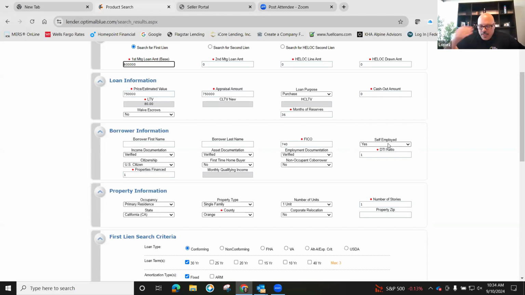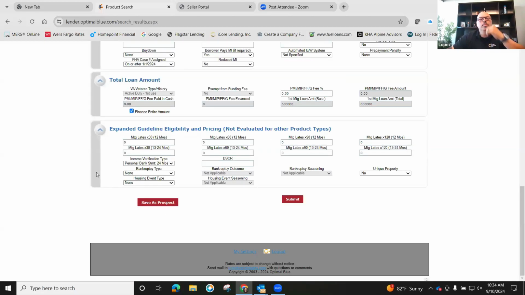Are you doing an ITIN borrower that's self-employed? Yes. Okay. Self-employed, same scenario, just with the ITIN. Okay, so we are looking for citizen type. We're going to go to, is it down here at the bottom?